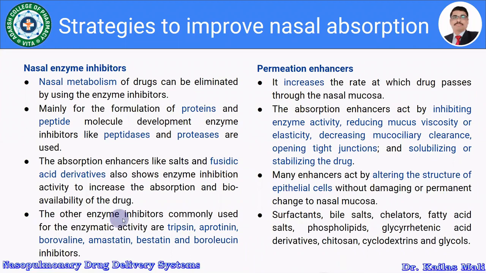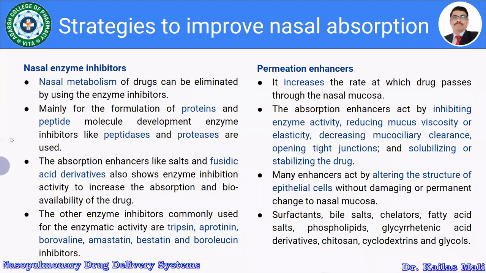The other enzyme inhibitors commonly used in the nasal drug delivery system are trypsin, aprotinin, borovaline, amastatin, bestatin, and boroleucin. These are certain other enzyme inhibitors used in formulation development.